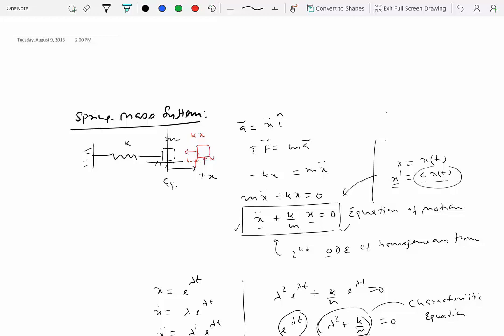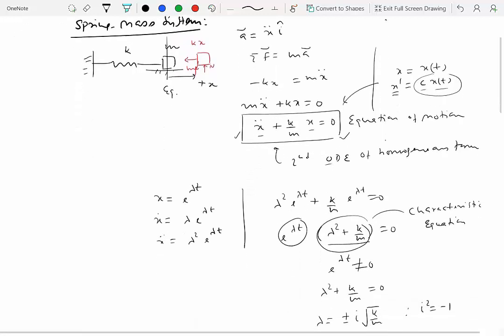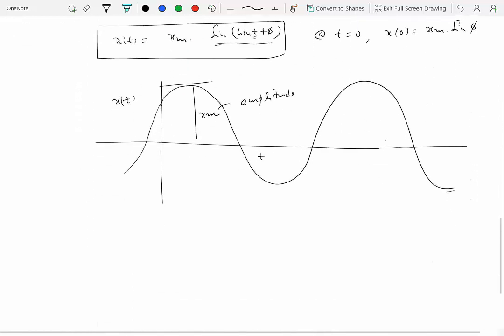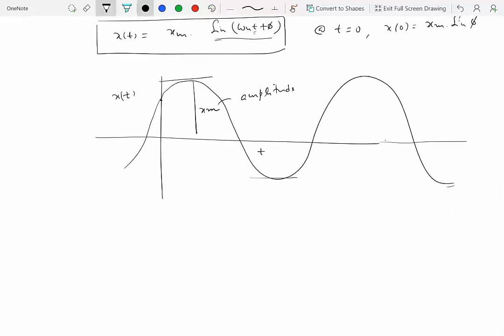So in reality, of course, x is going to change, right? Because there is going to be friction, there's going to be some sort of drag, there will be losses, and that means that x is going to decrease over time. But the maximum value of x was achieved when you pulled it to the right. If there's no friction, then of course, in an ideal world, you will continue to go back and forth between the maximum value, which is x sub m, and the minimum value, which would be minus x sub m, but the magnitude is the same, right?